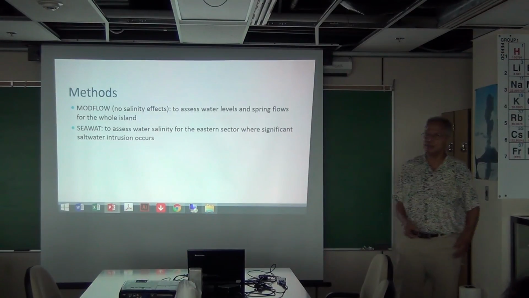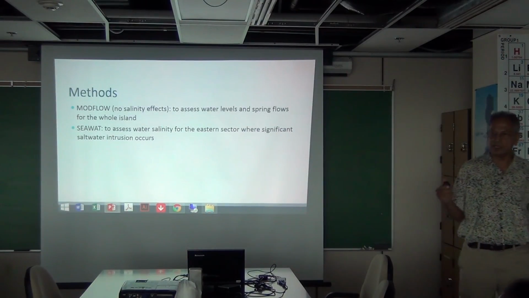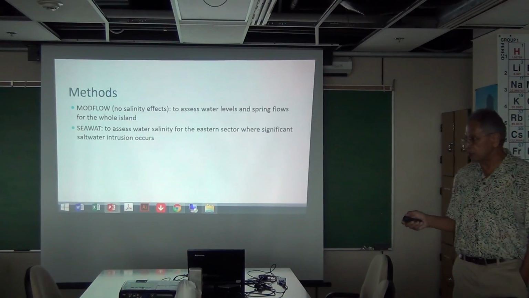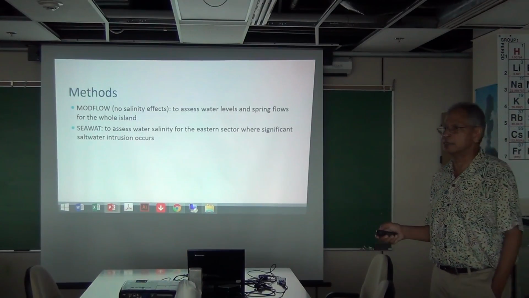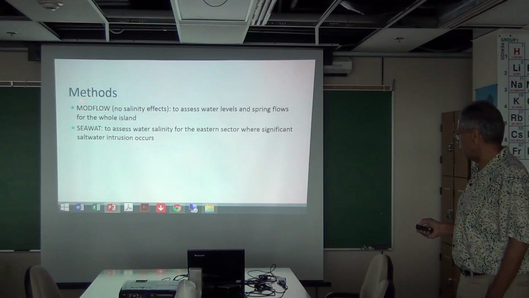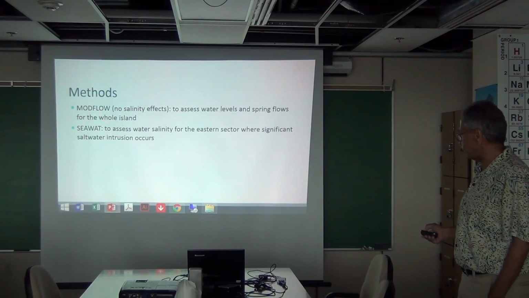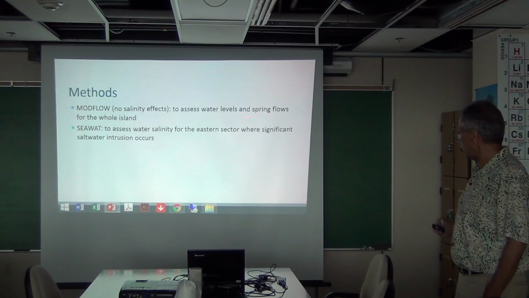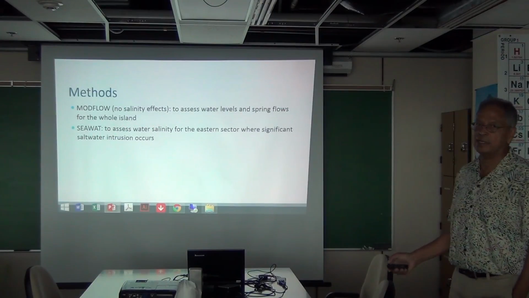So here is basically why I want to give you this model, because you could use two different models or two different methods, whatever your purpose can be. Like we used MODFLOW, which does not include salinity, to assess water levels and spring flows for the whole island. Okay?